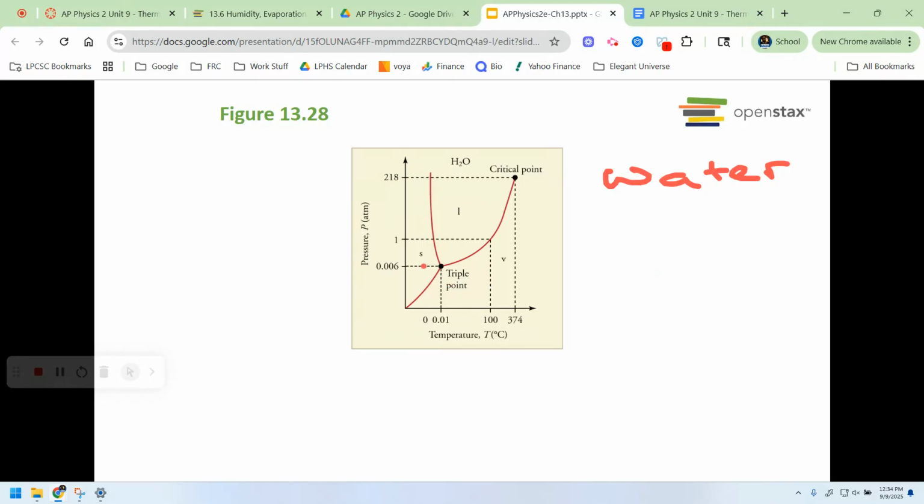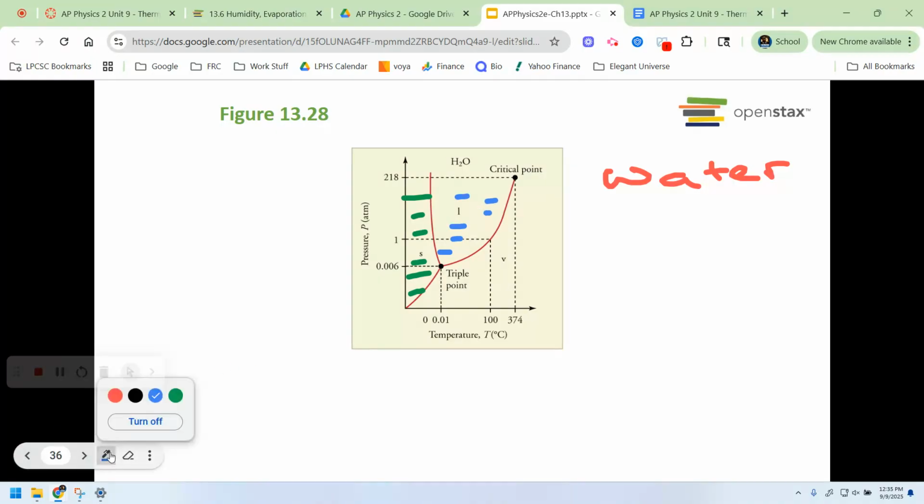But there's a region, so this region right here, we'll highlight in a different color. This region right here would be solids, right? And then this region over here would be when water is a liquid. And then this region over here would be when it's a vapor.